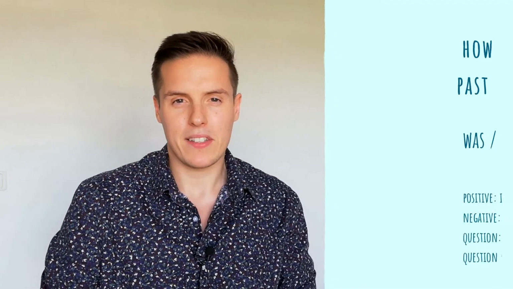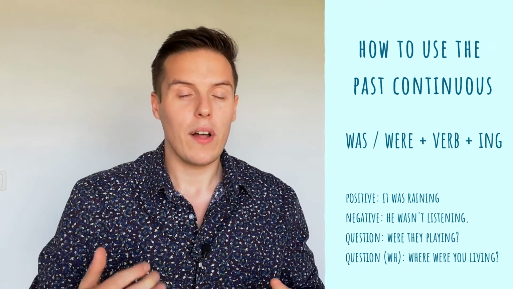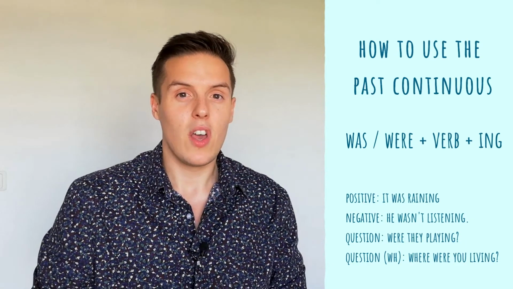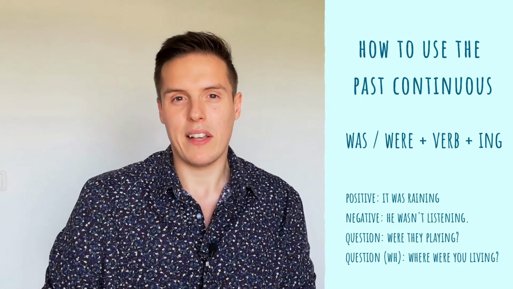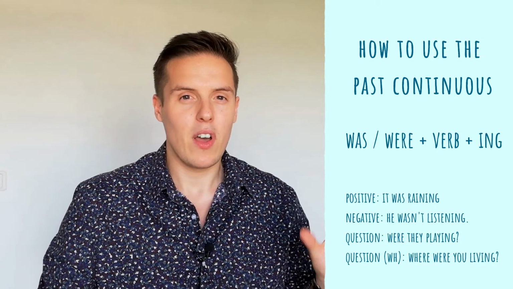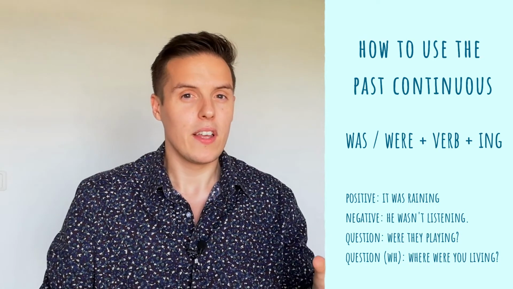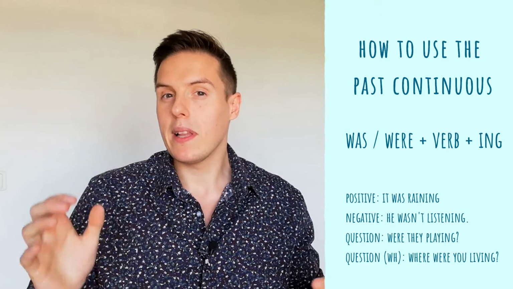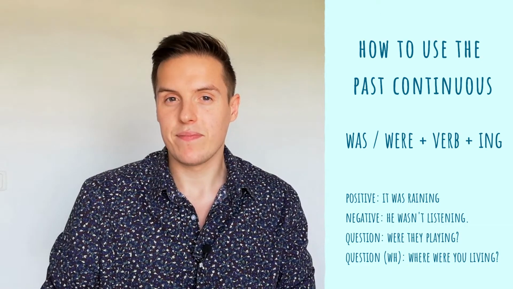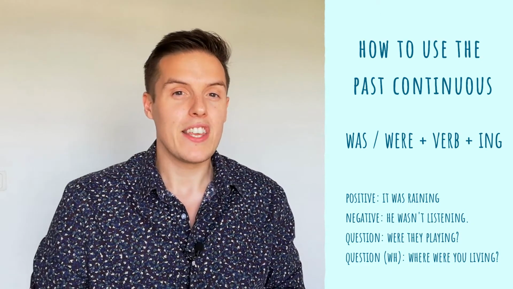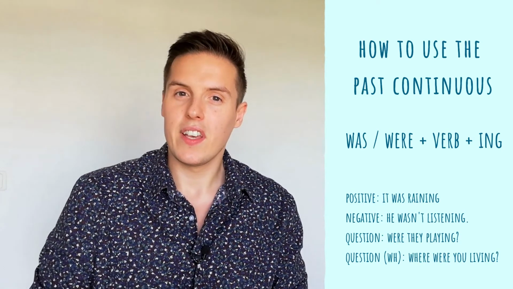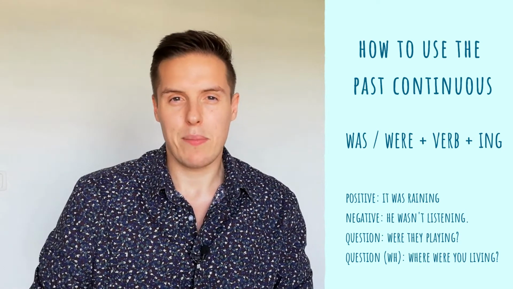So how do you use the past continuous? Well, it's very similar to the past simple. However, we use was, were, plus verb, plus ing. Up on the screen, you can see some examples of positive, negative, and the two different types of question forms. A few quick examples.